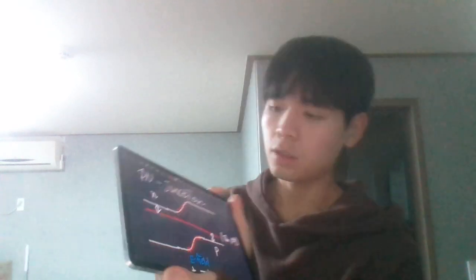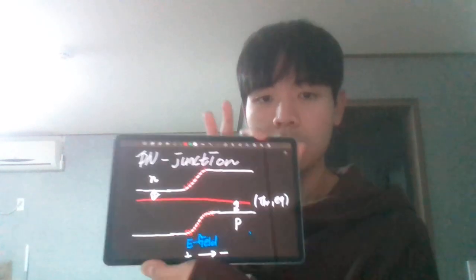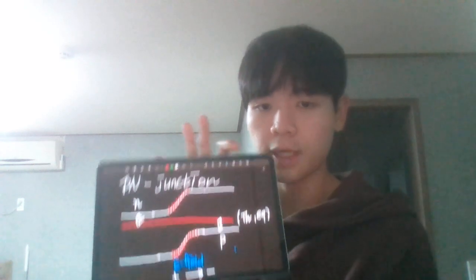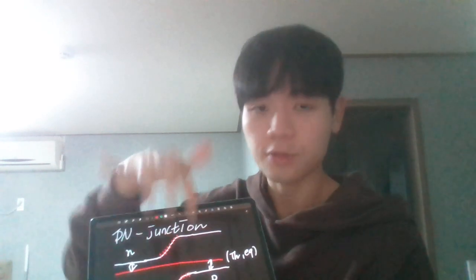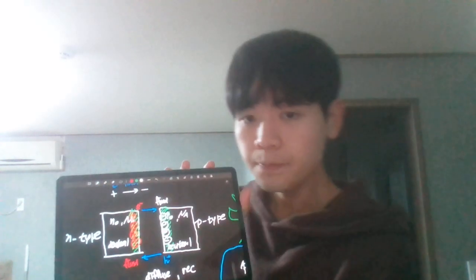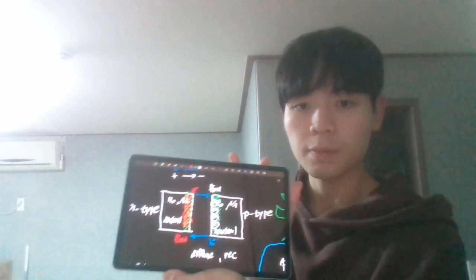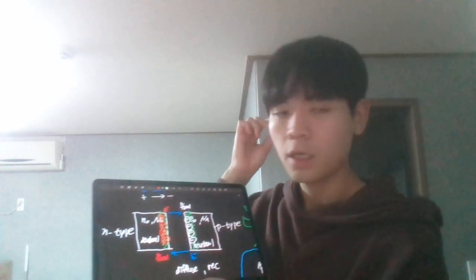and we have to know that the curvature of the energy band here is actually the electric field, and I'll tell you why now. When the n-type and p-type are combined, because of the difference in the amount of electrons and holes on each side, diffusion occurs.